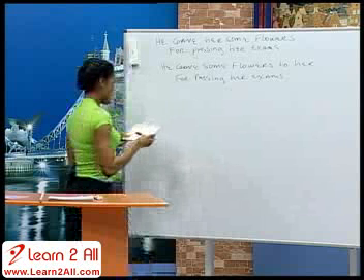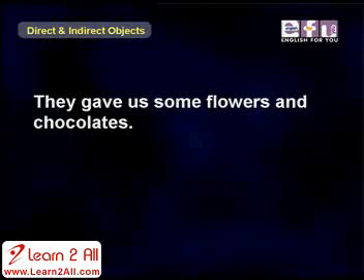Very good. Okay, Alberto, this is your sentence. They gave us some flowers and chocolates. The direct object is the flowers and chocolates. The indirect object is us.